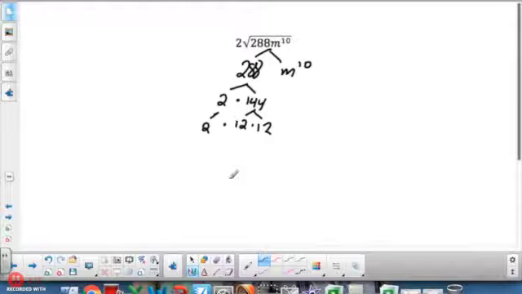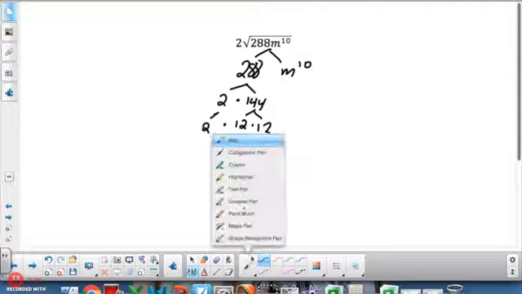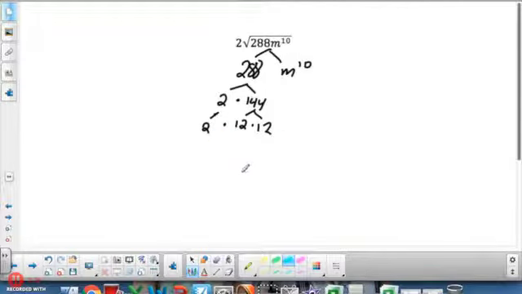Now, I told you in the first video that you needed to do prime factorization, which means you need to keep going until you can't go any farther. But I'm going to tell you now that you can break that rule if you have a good reason. And right here, I have a really good reason to break that rule. 12 times 12, there's my perfect square. I don't have to go any farther because I can take care of the fact that I'm looking for a perfect square right here at this step.